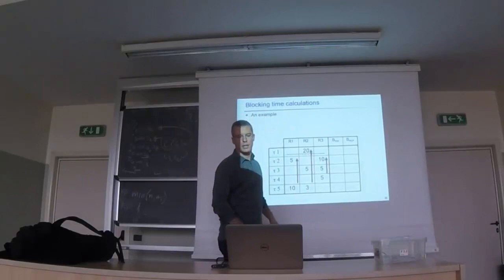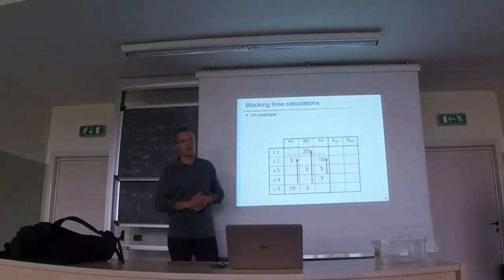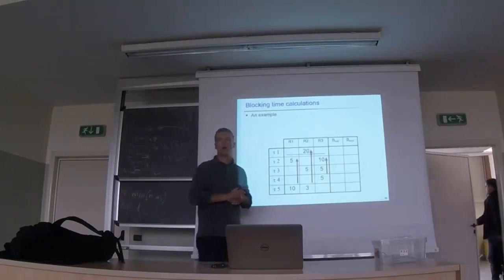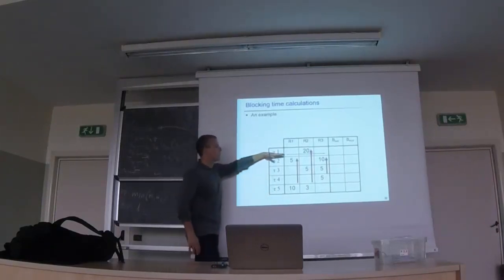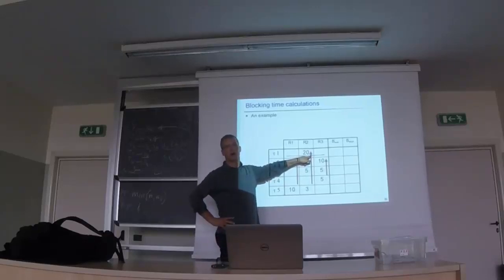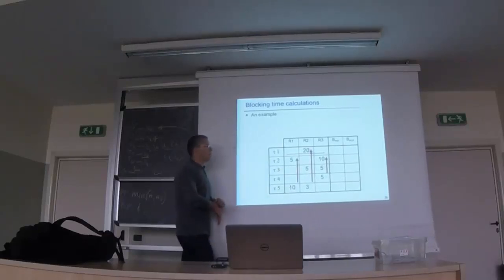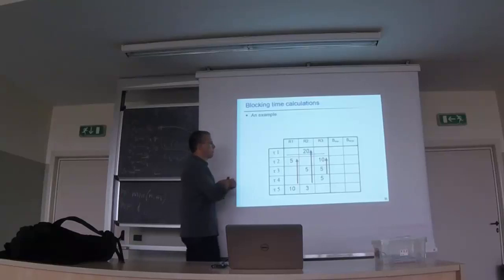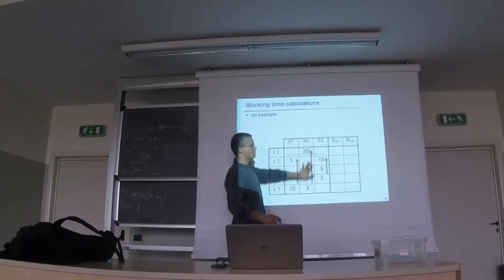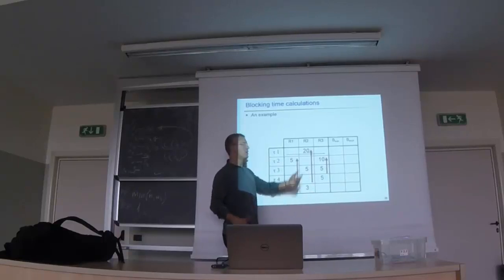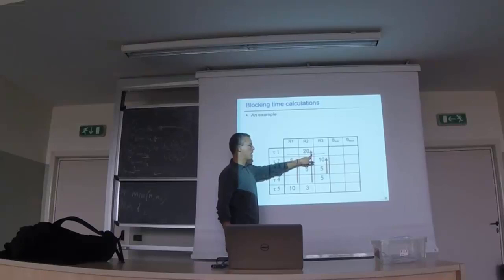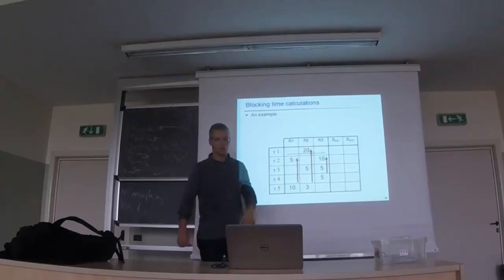Well, let's check it together. So, let's start from tau 1. So this is kind of a line that intersects only this arrow for tau 1. How can tau 1 be blocked? Tau 1 can be blocked 4 times or on one resource. Which one is minimum? This one is minimum, R2. So I can be blocked at most once on R2.